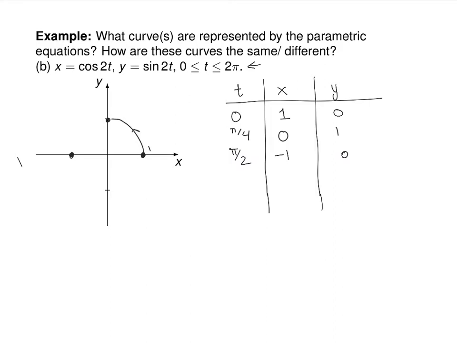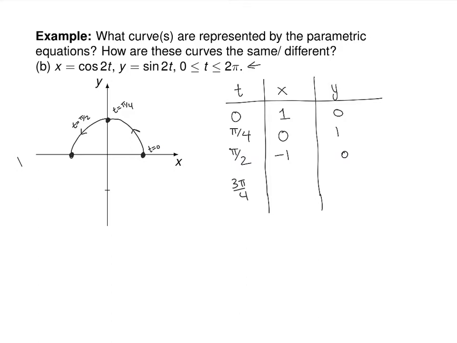Okay, so when we were at t equals 0, we were at this point. T equals pi quarters, we're at that point. By t equals pi halves, we're at this point. Versus the previous example, whereas when we were at t equals pi halves, we'd only gone around the circle 1/4 of the way. In this one, by t equals pi halves, we got around the circle halfway. Okay, now we need to plug in 3 pi quarters.